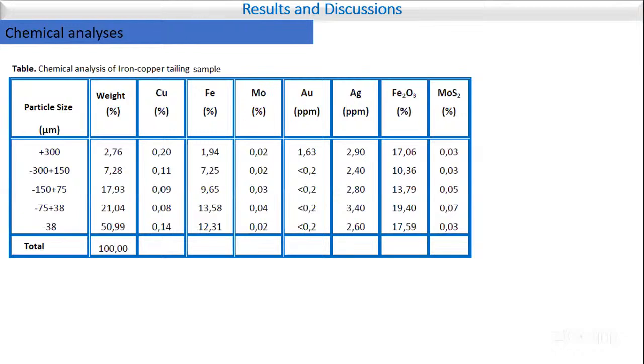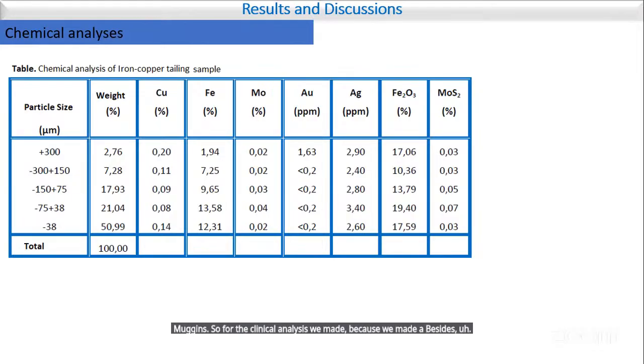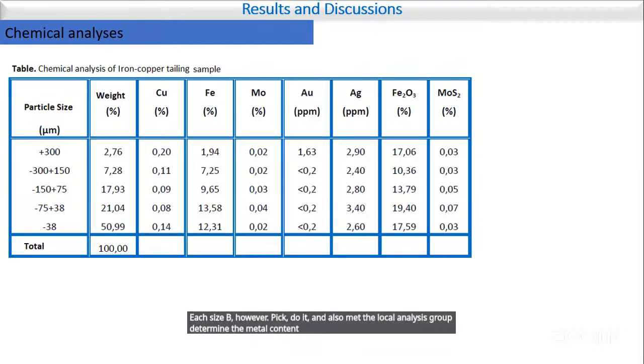So for the chemical analysis we made, because we made a size distribution analysis, for each size we took the weight and also made the chemical analysis to determine the metal content. We see from here that our tailings is iron copper.